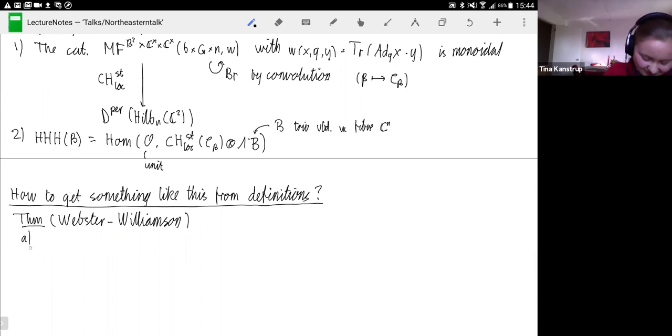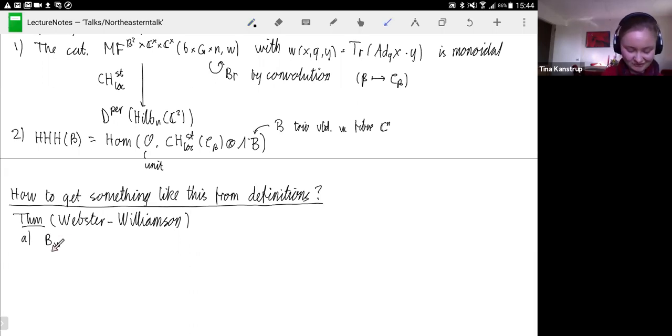Okay, so the first part is that I can take simple Soergel bimodules. So if you take a reflection, you write it as a product of simple reflections, you tensor these together, and then the biggest direct summand is this thing.